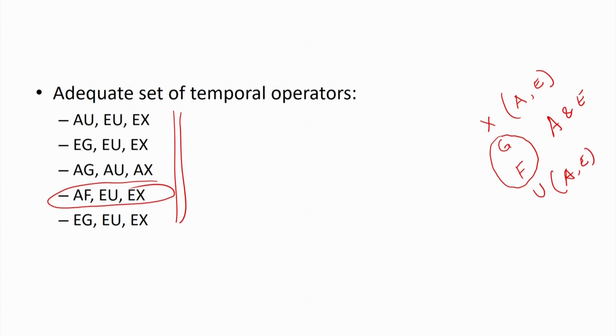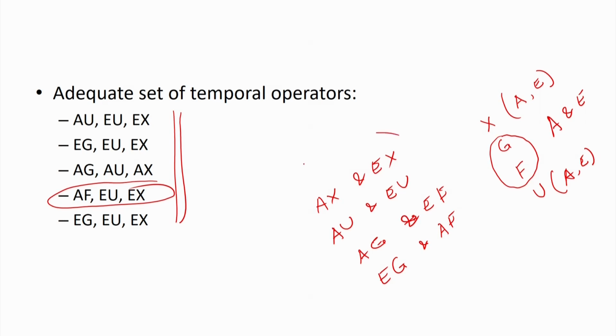That means, I am going to get a relationship between A X and E X, okay, and A U and E U, okay. But A G has a relationship with E F, and E G and A F also have some equivalence relationship.